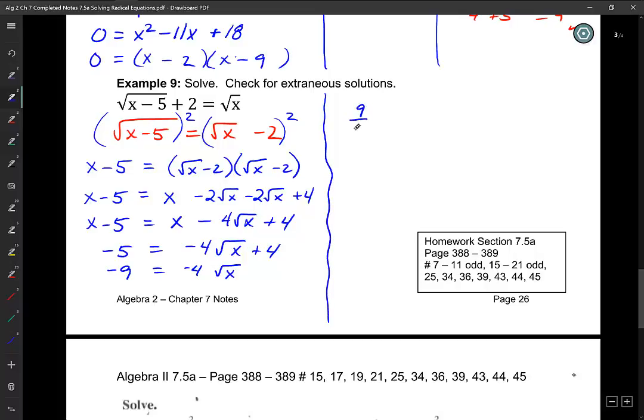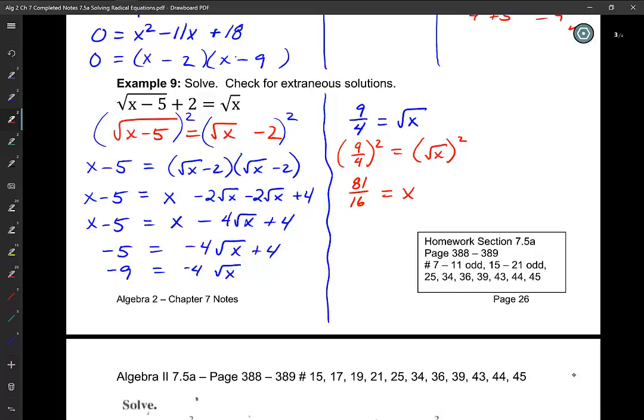That gives me 9 over 4 equals the square root of x. To solve that, we are going to square both sides of the equation to get rid of that square root of x. And so my answer looks to be 81 over 16 equals x.